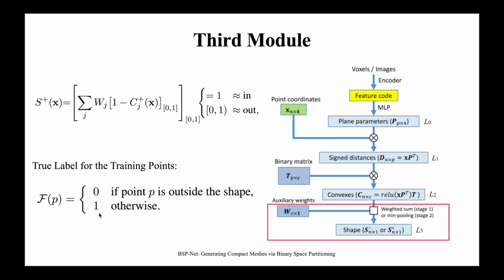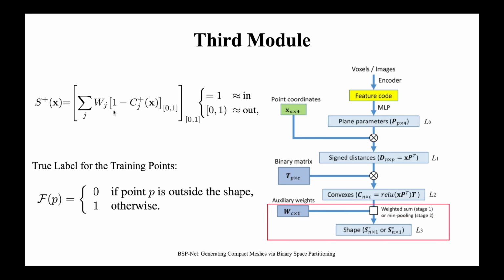Therefore, when we get the minimal value from the third module, if it's a positive number, which means it is outside the mesh, then we need to transform it into 0 in order to match the true label. If it is 0, which means it is inside the mesh, we need to turn it into 1.